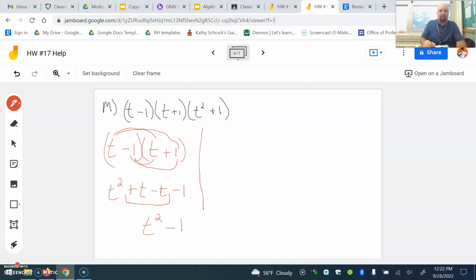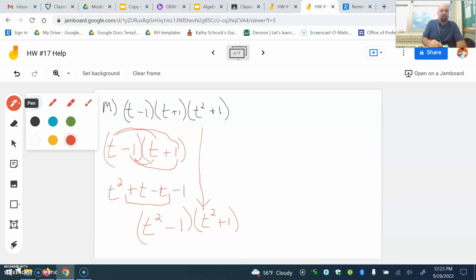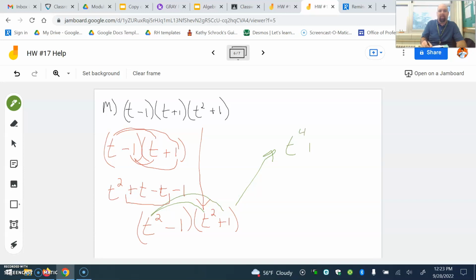Now I'm going to bring this other binomial down and multiply my answer from up here, t squared minus 1, times that. And when I do, t squared times t squared is t to the 4th. t squared times 1, t squared. -1 times t squared.